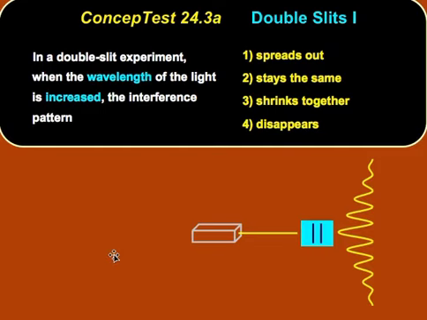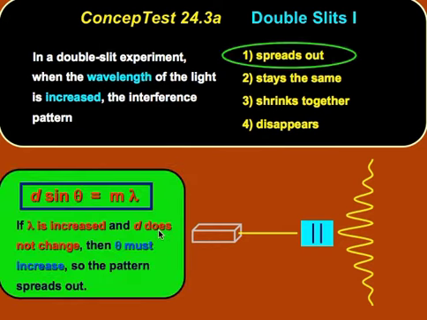So here's a concept question to think about. In the double slit experiment, if the wavelength of the light were increased, what would happen to the interference pattern? The key is to look at our equation, d sine theta, the path difference, equals m lambda, and that's the condition for getting bright spots.